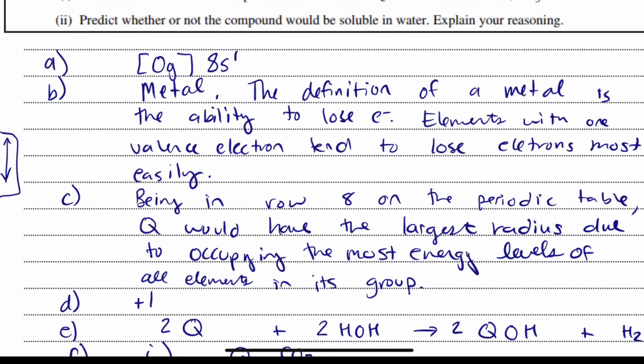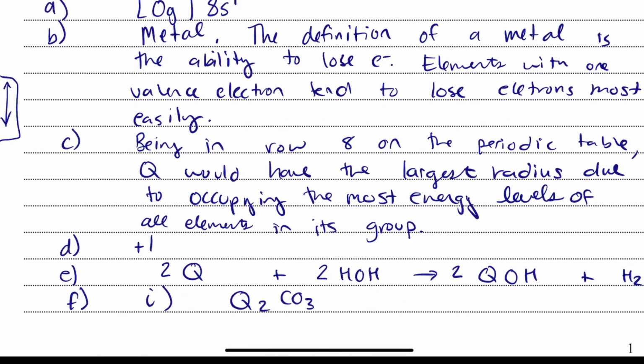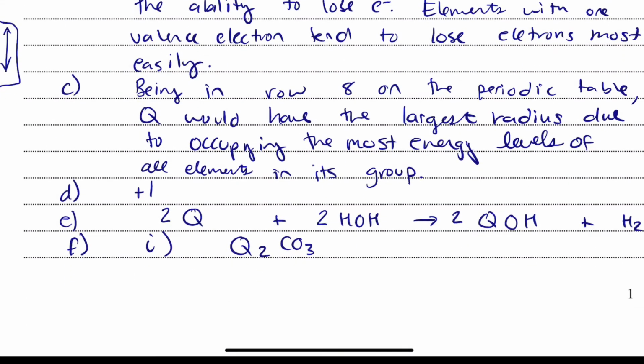And then in part 2, it says predict whether or not the compound would be soluble in water, and to explain our reasoning. Lots of ways you could justify this. I think I'm going to write the easiest way to justify this, and then maybe I'll go into more detail. Let's just see. So I think it's going to be soluble in water.